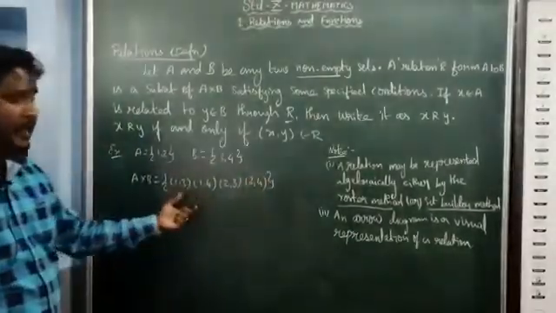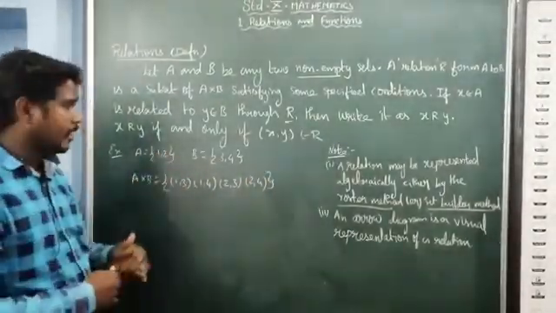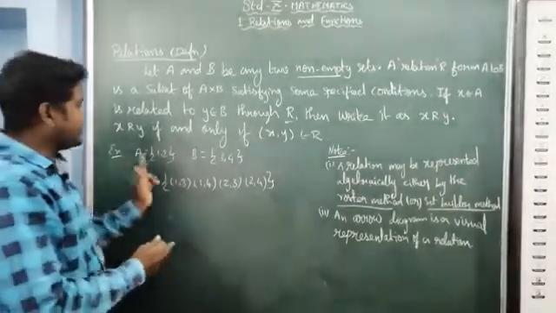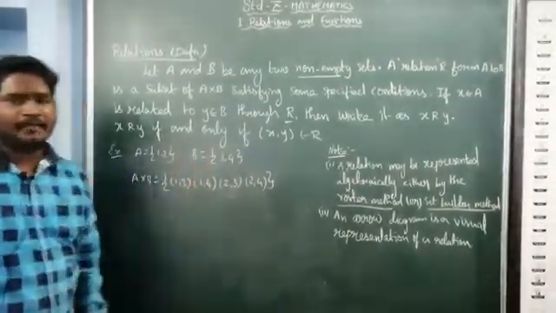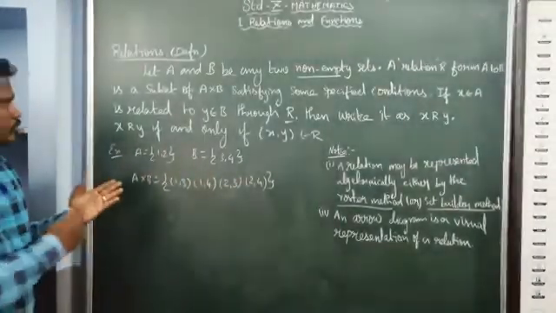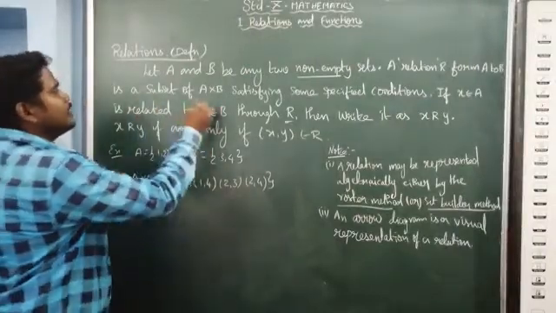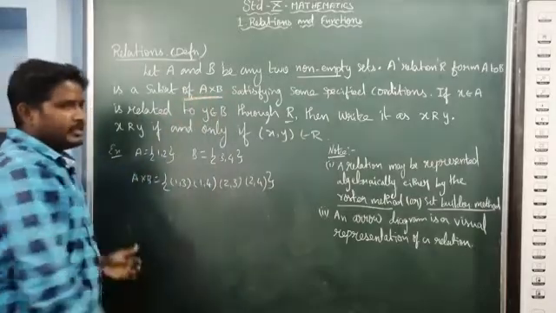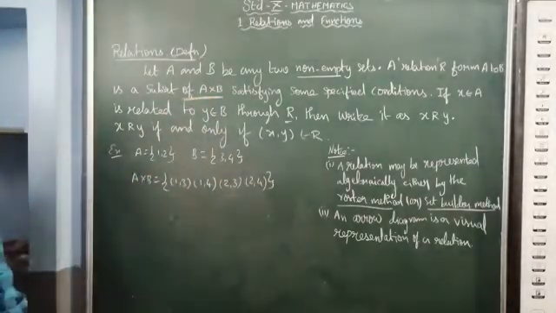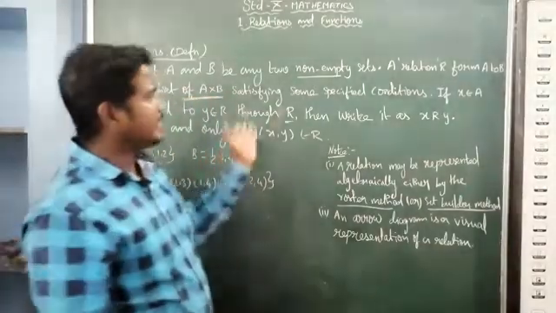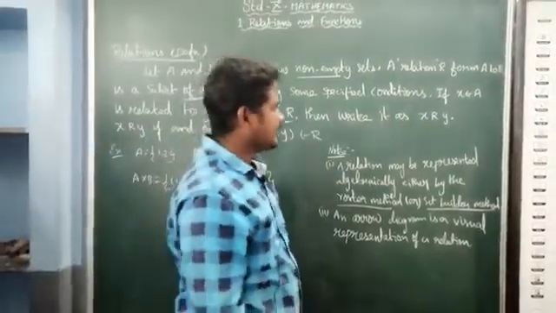In these ordered pairs, all the elements are contained in the sets A and B. Therefore, you have to write R from A to B is a subset of A cross B, satisfying some special condition.